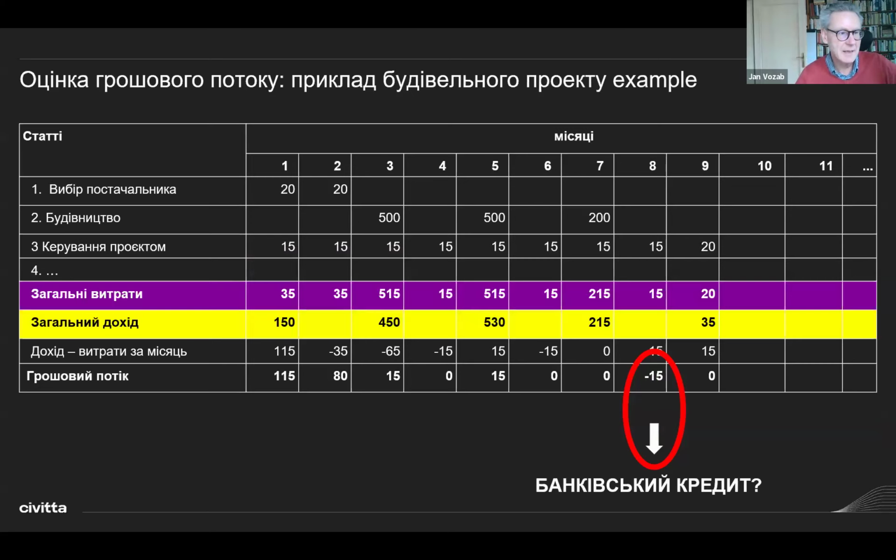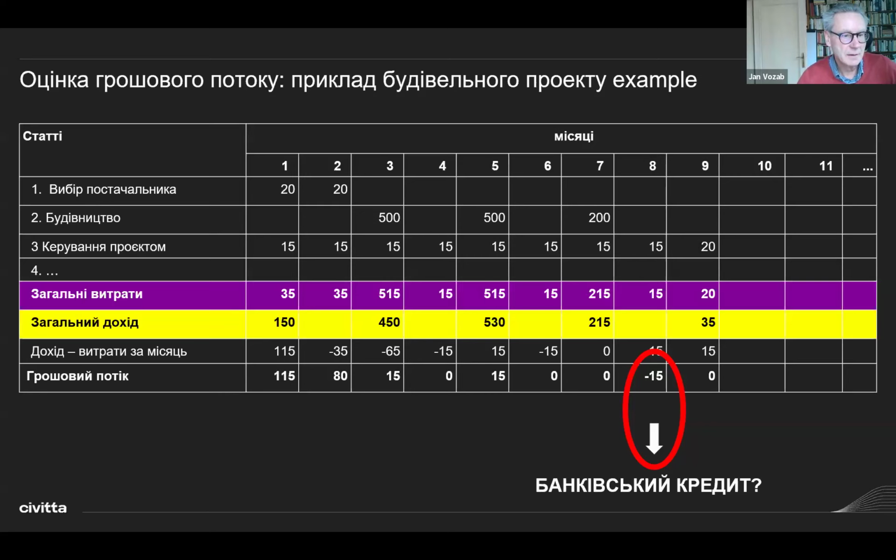So that's the first part of the cash flow calculation. It's an Excel exercise. So, and this is an example of another project which used to be a construction project in which something was constructed, and there are 3 activities at the moment. There are more, but for this example there are 3 activities. The selection of supplier, the public procurement and things associated with public procurement, which costs some money.